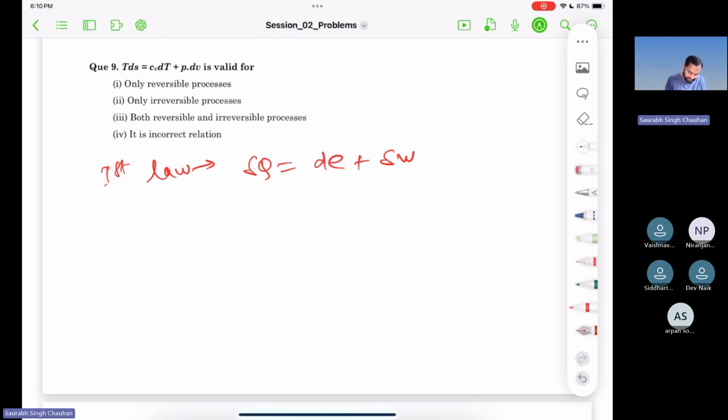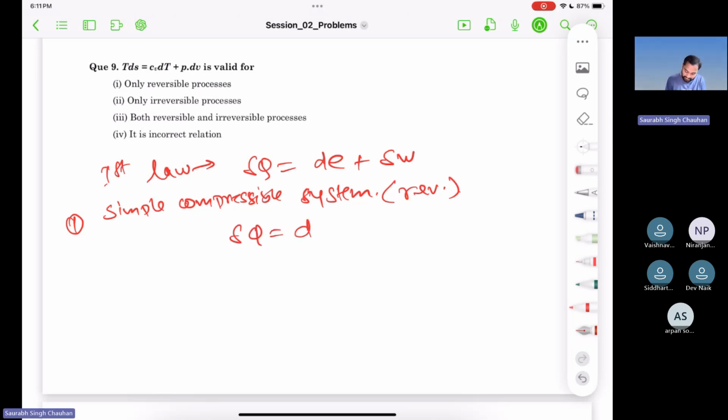Then if you assume a simple compressible system, a reversible one, then you can write dQ is equal to dE plus PdV.